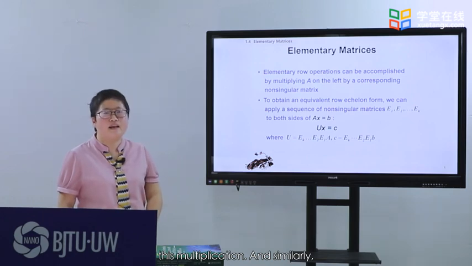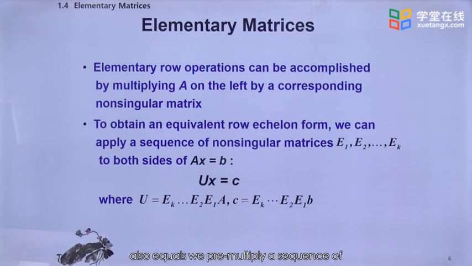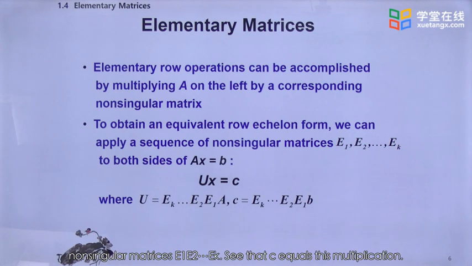And similarly, this right-hand side vector C also equals the pre-multiplication by the sequence E1, E2 till Ek, such that C equals this multiplication.